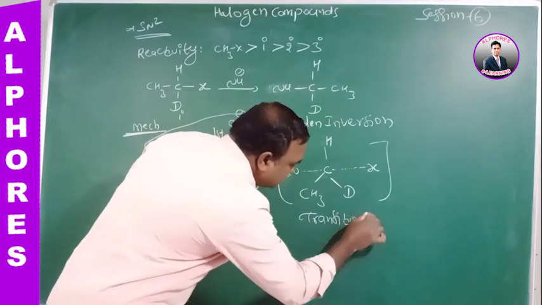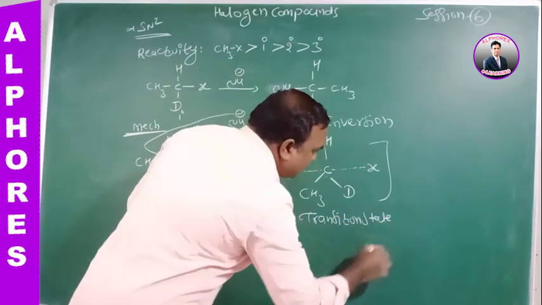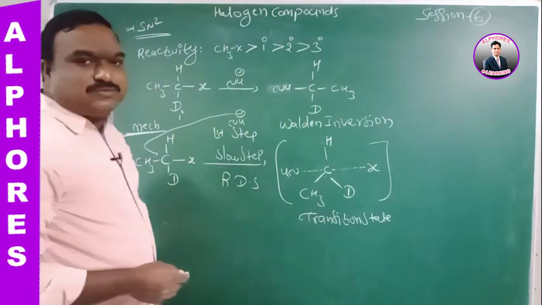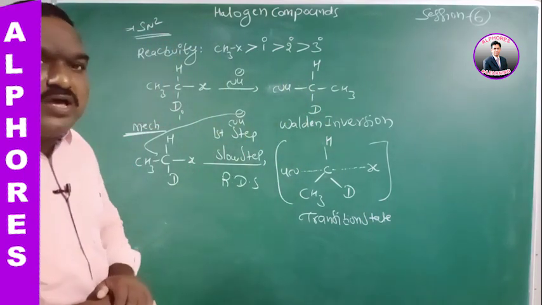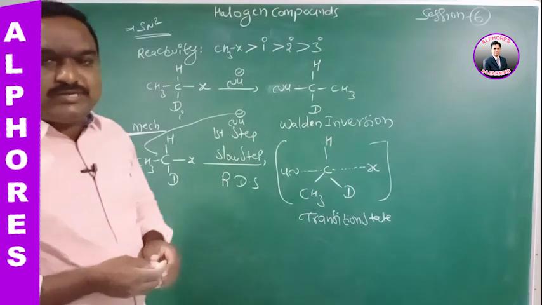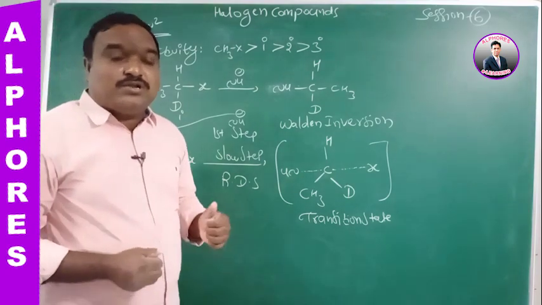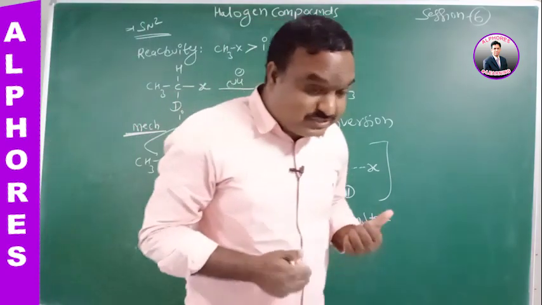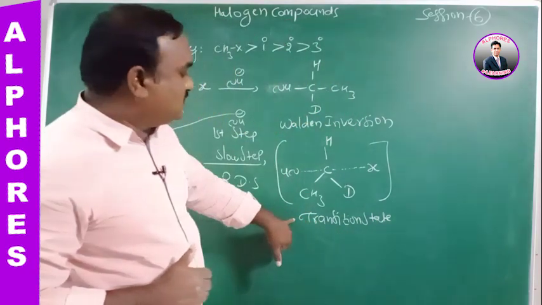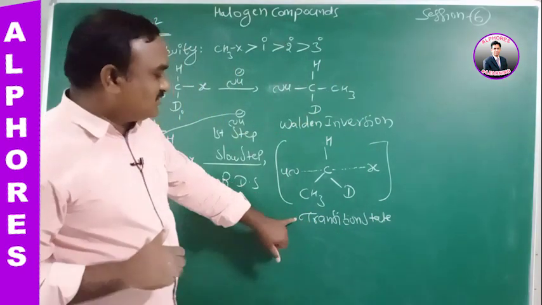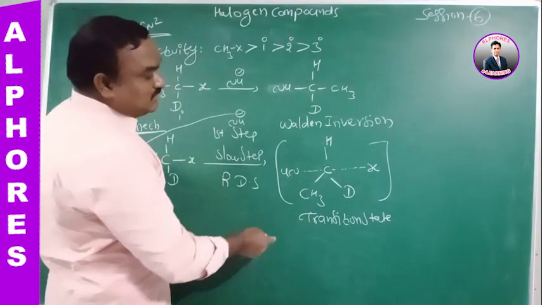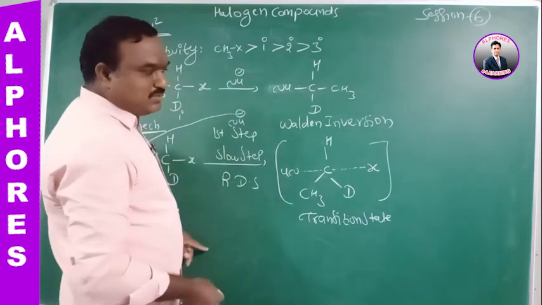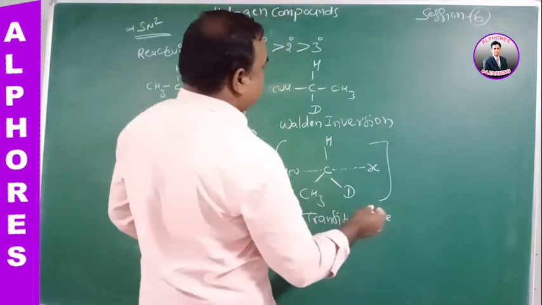Remember, unimolecular nucleophilic substitution reactions proceed via a carbocation intermediate. Bimolecular nucleophilic substitution reactions proceed via a transition state, a less stable intermediate.